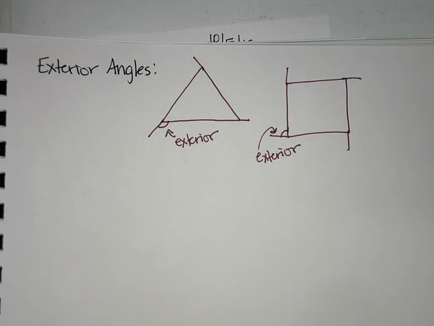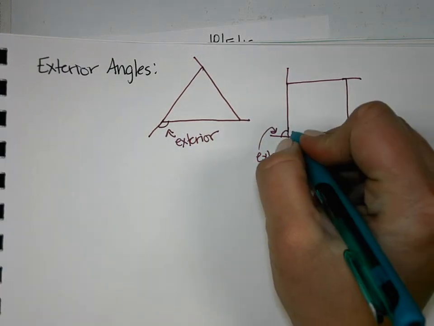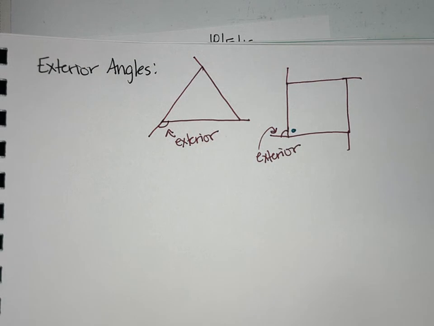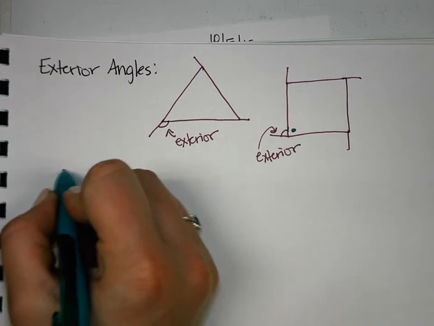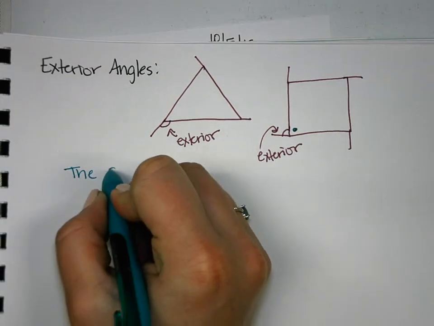There's something special about the exterior angles in a polygon. One thing we know is that the exterior plus the interior will always add up to 180 because they make a straight line. But there's something special about the sum of the exterior angles.